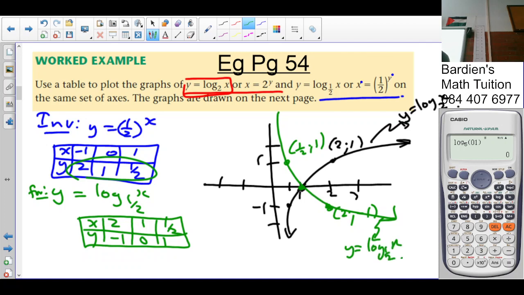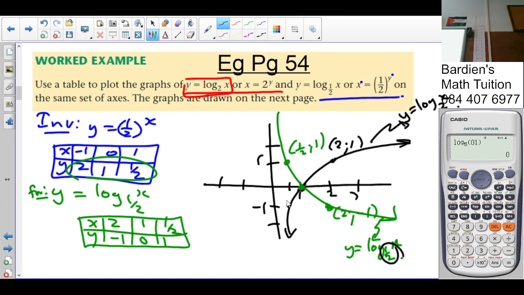So what do you notice about these graphs? The reflection in the x-axis. Can you see that, people? Of course, also y is equal to log x base 2 is an increasing function, whilst this is a decreasing function. As you can see, it's dependent on the value of a.